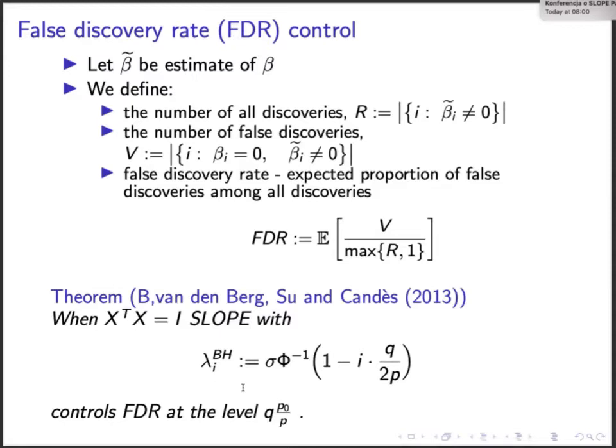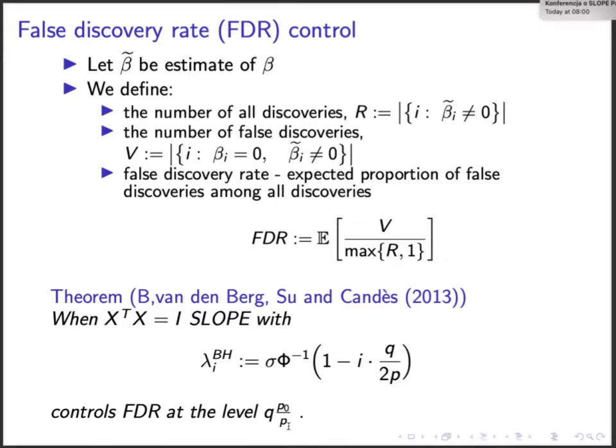If we pick these lambdas, we will control the false discovery rate. And indeed, we managed to prove it in the case when the design is orthogonal. Orthogonal means X transpose X is the identity. So if we pick lambdas in this way, then we provably control the false discovery rate, and as you can see, it is controlled at the level Q. Q is the value which you choose yourself, like 5% or 10%.